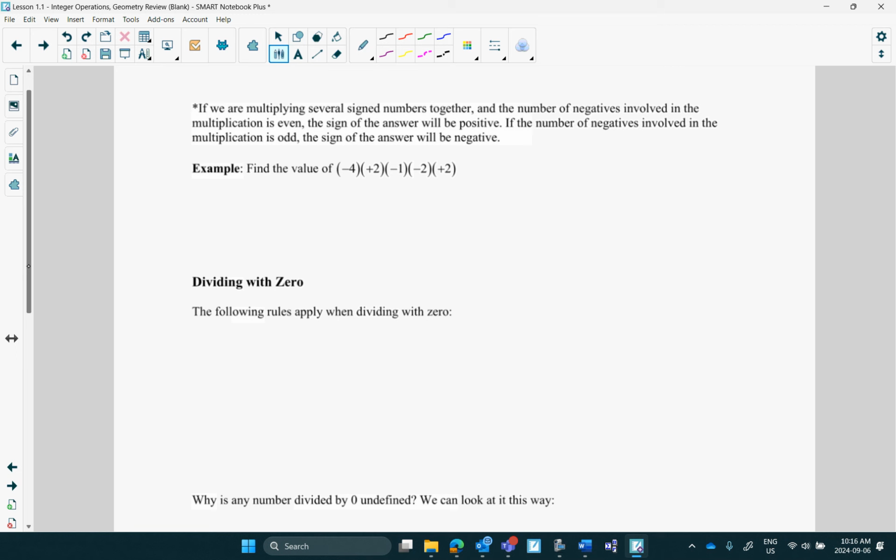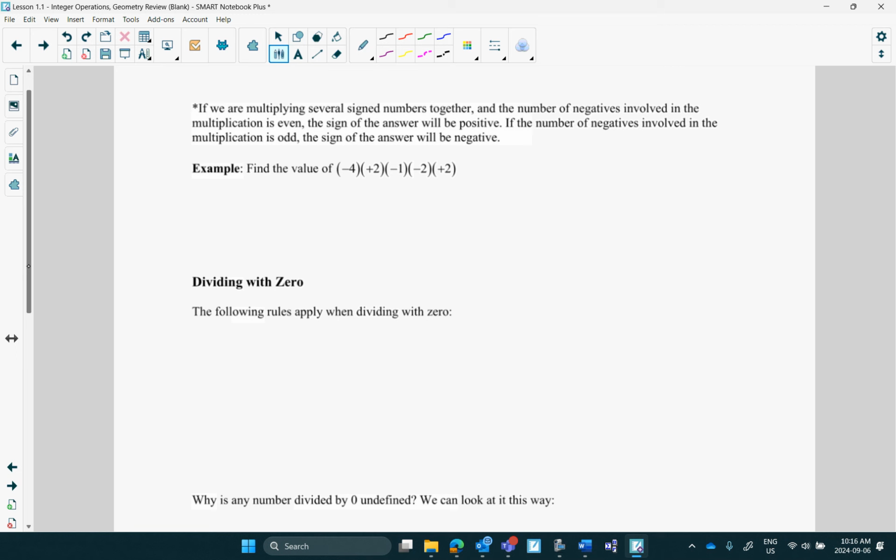Another way you could do it is, what do you think the sign of the final answer would be and why? Positive or negative? Why? Well, because there's more negatives than positive.